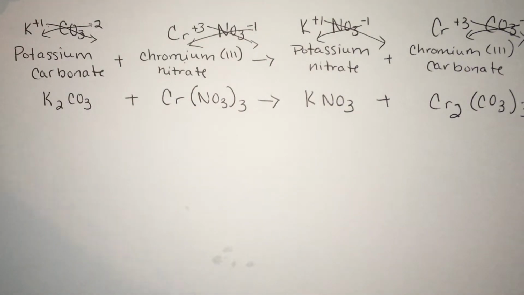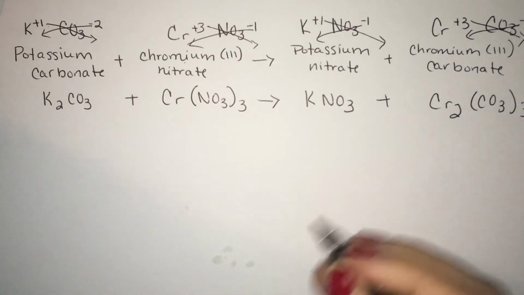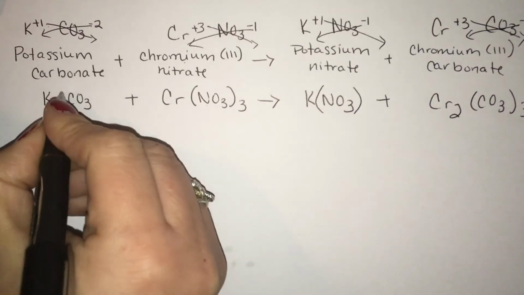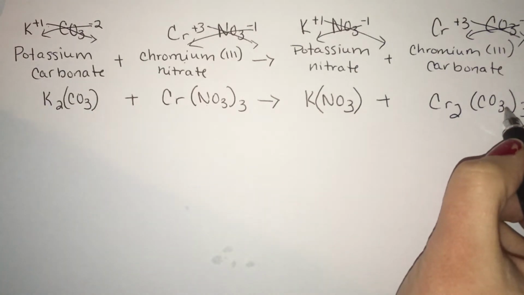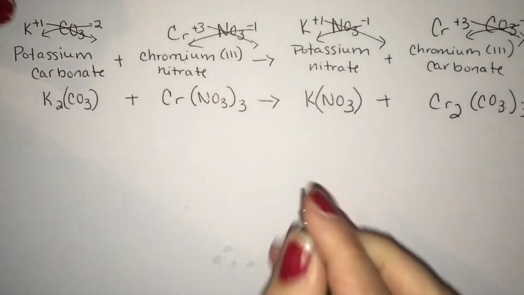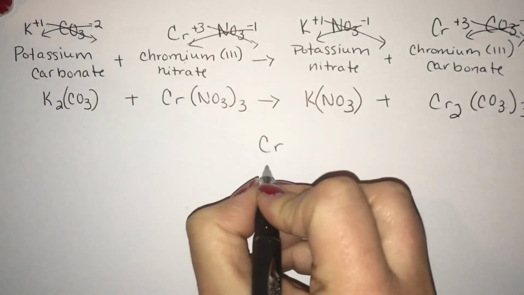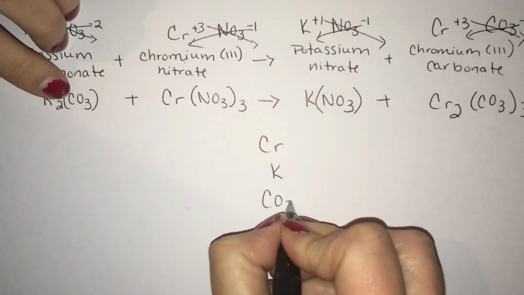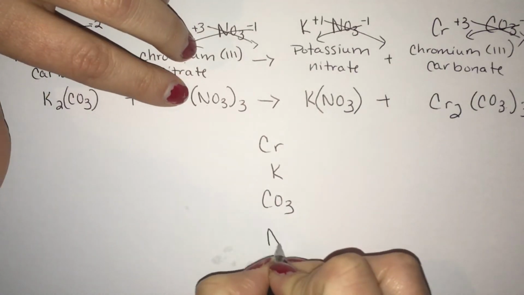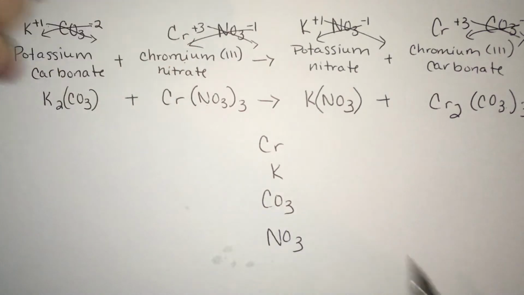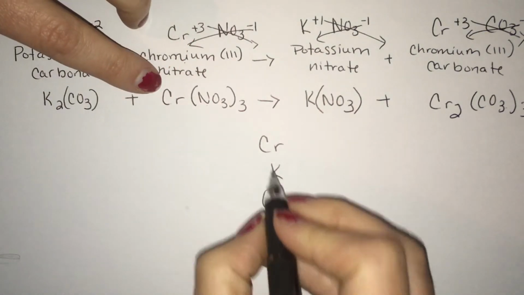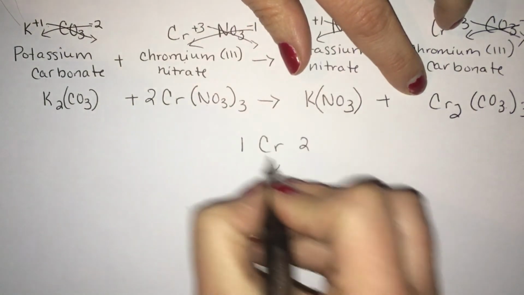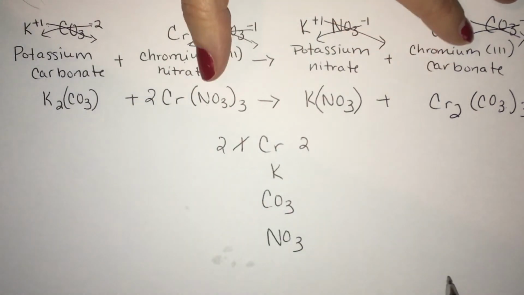Okay, so now we need to balance it, right? So we'll do the tally method for all of this. And this is where it comes in handy, where you can keep these the same. We have carbonate on both sides. We have nitrate, so we are okay. We'll keep them all. So we have Cr, potassium, carbonate, and nitrate. Chromium, we have 1 chromium on this side, we have 2 on this side. So already we need to write a 2 here.